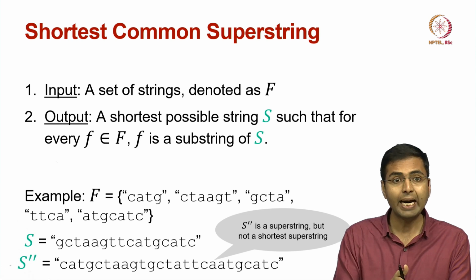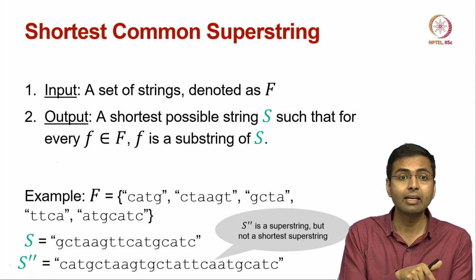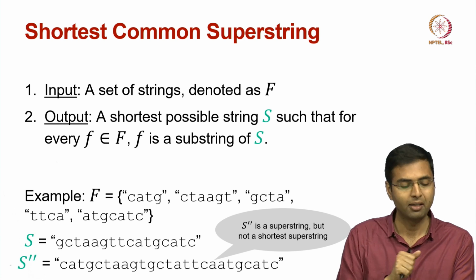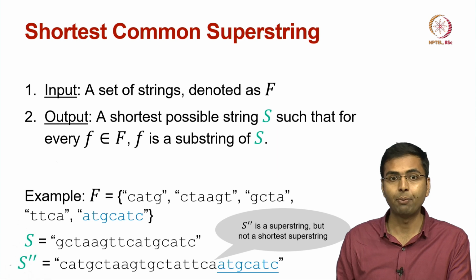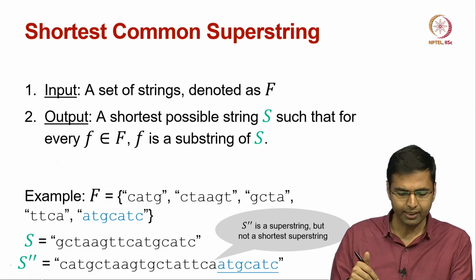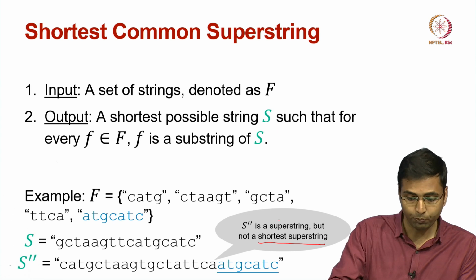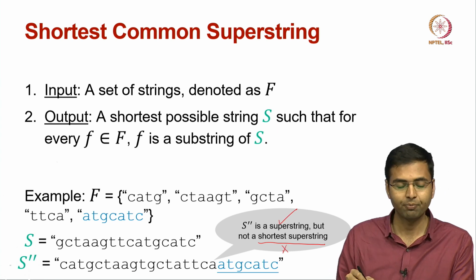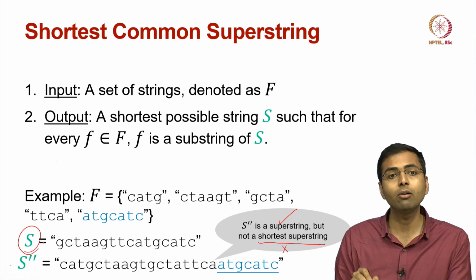You can clearly see that the length of s double prime is larger than the length of s. Again, you can verify that all the strings, such as CATG, are substrings of s double prime, but it is not a shortest superstring, whereas s is the shortest superstring in this example.